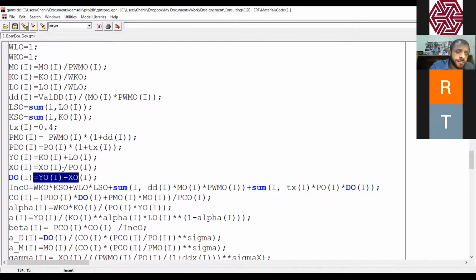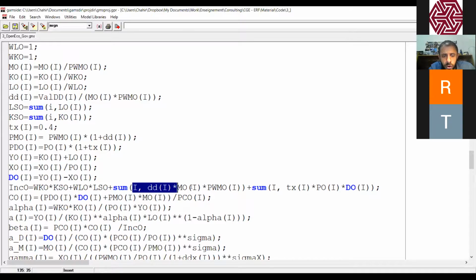Then we have total income, which will be, again, I have KS from what I calibrated here. I have WK from what is calibrated here. WL has been calibrated here. LSO has been calibrated here.